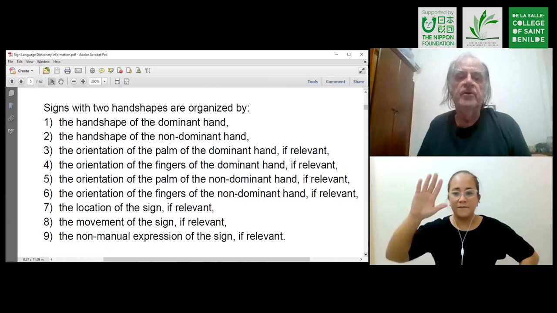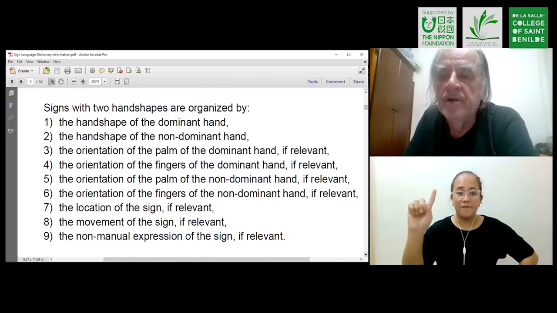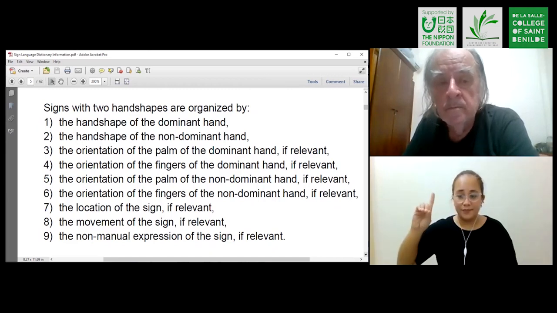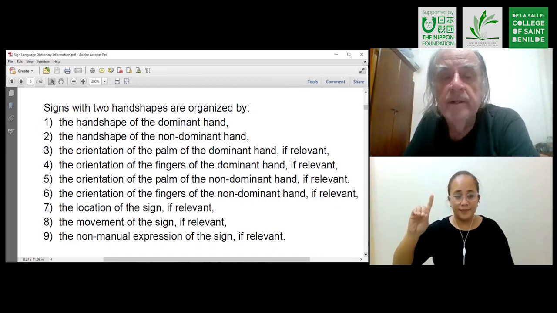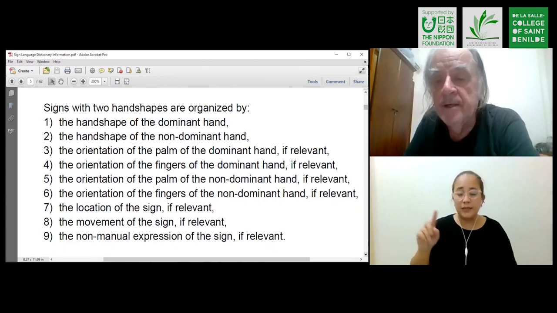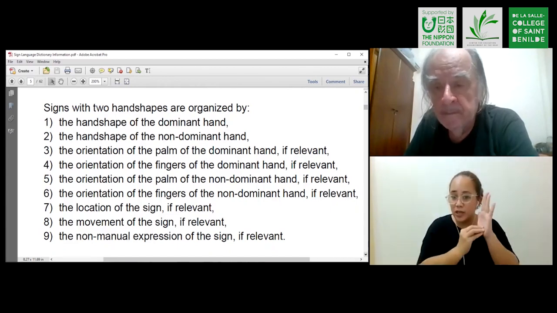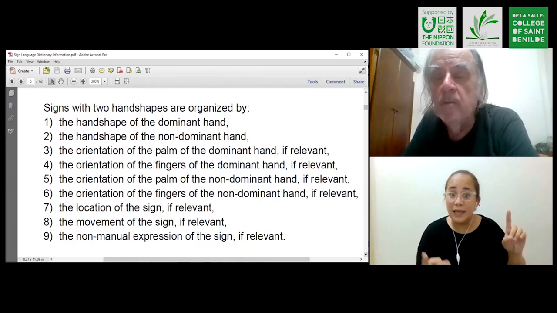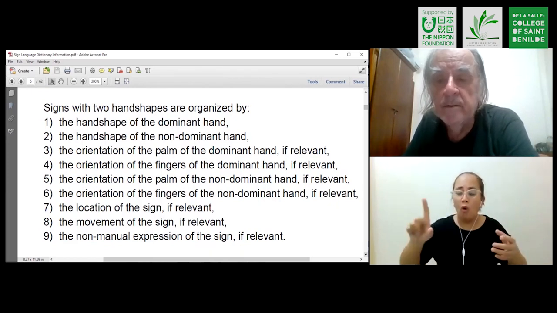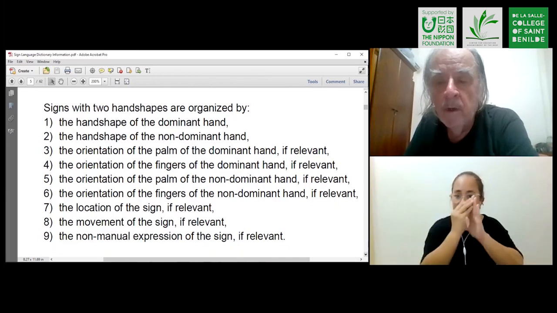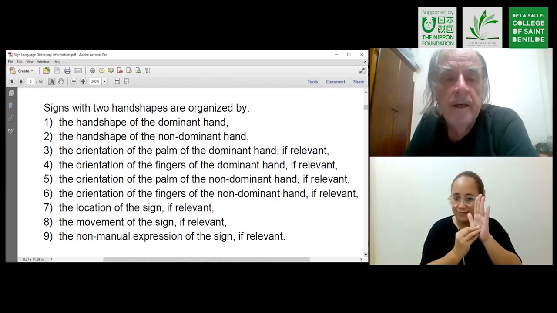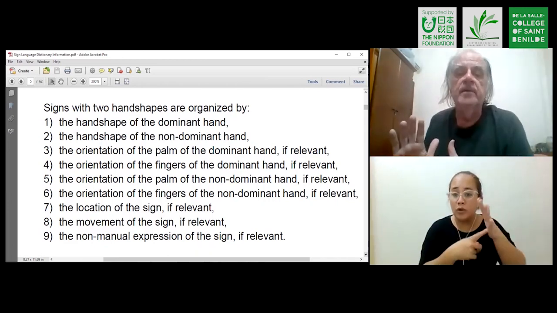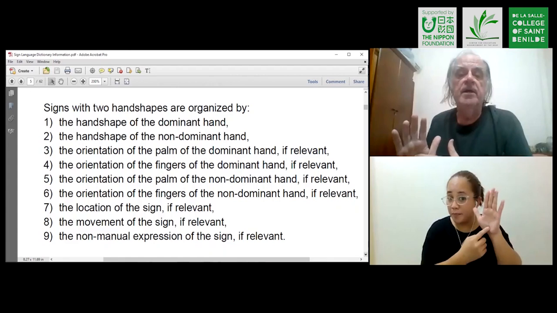Okay, so the first criterion is the hand shape of the dominant hand. The second criterion is the hand shape of the non-dominant hand. And as you've seen, that describes almost all of the two-handed hand shapes. However, you may need the orientation of the palm of the dominant hand.